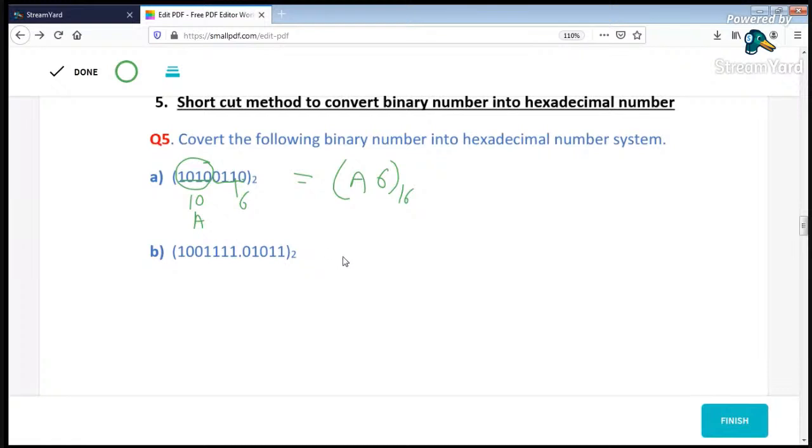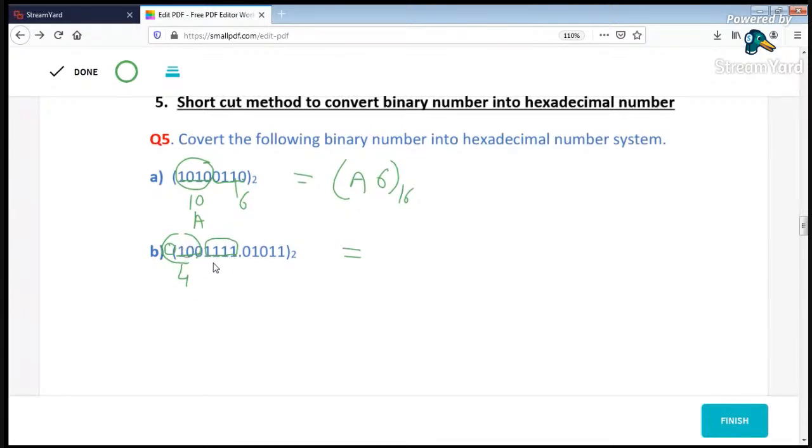Similarly, the second problem: this binary number has both an integer as well as a fraction part. First for the integer, we make a 4 bit group up to here. Next here is 3 bits. To make 4, you can add an extra 0 on the left side, so this becomes 0100. 0100 in decimal is 4.